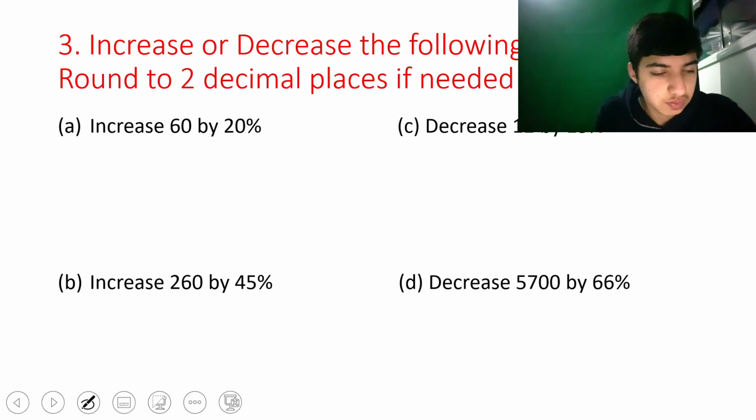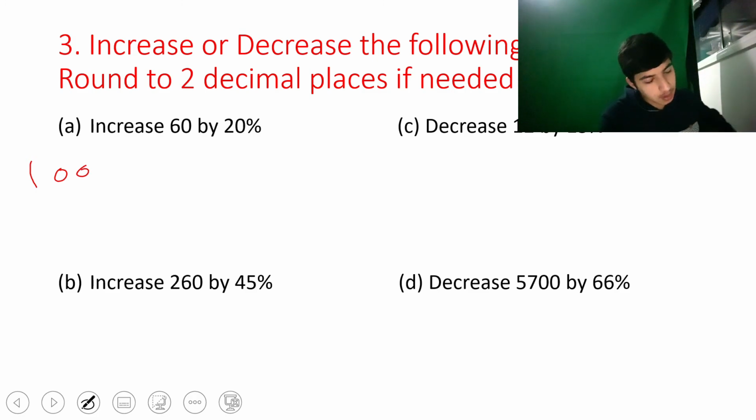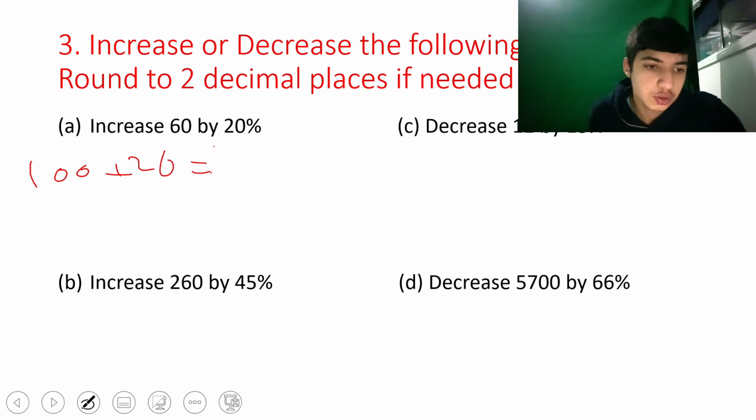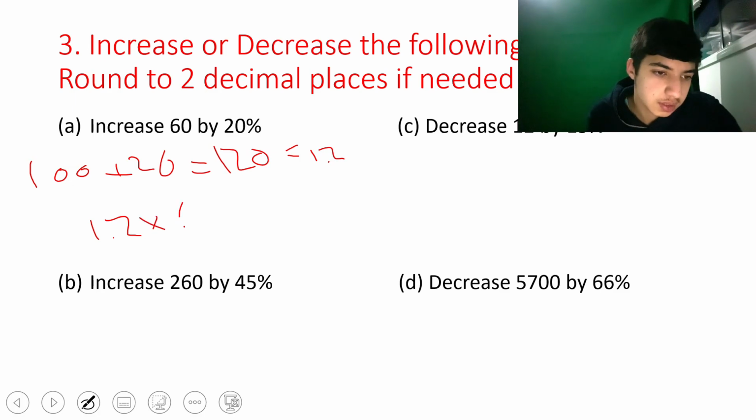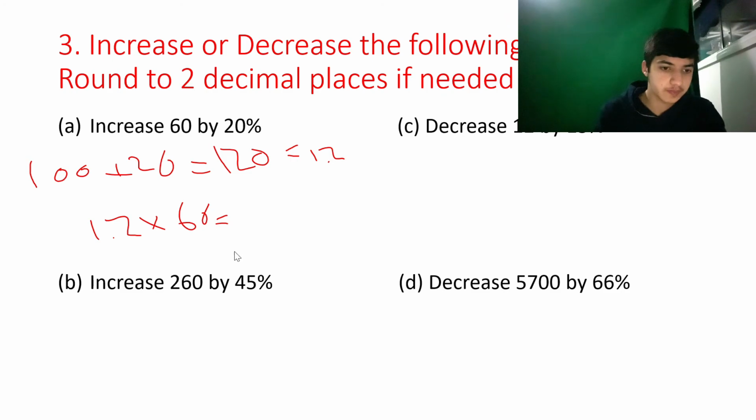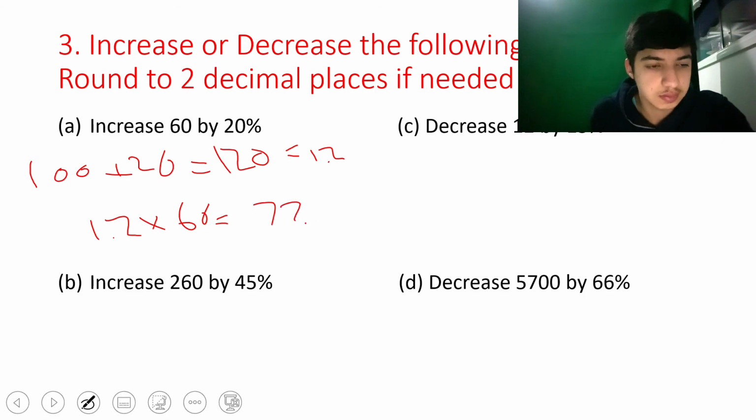So increase 60 by 20%. We know that we did that before, so we do 100 plus 20, since 60 is 100% and that was 20, equaling 120. Convert that as a decimal, 1.2 times 60, 72.